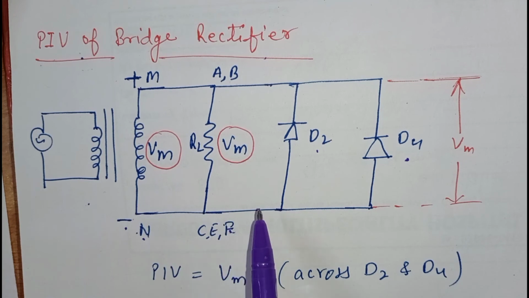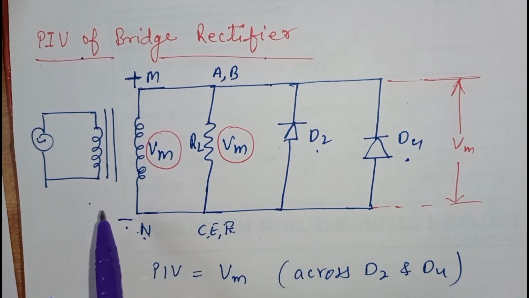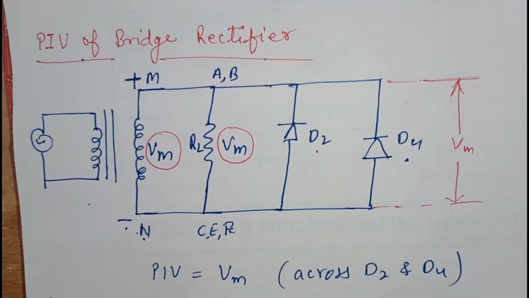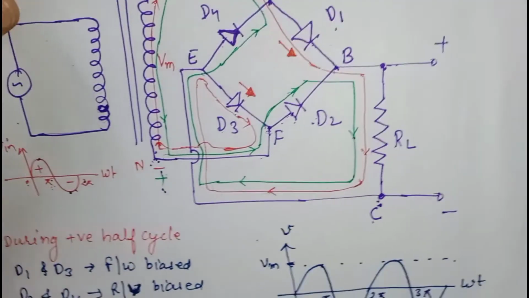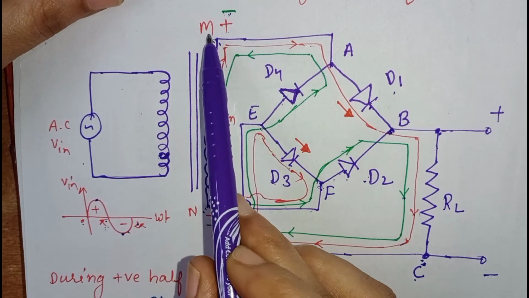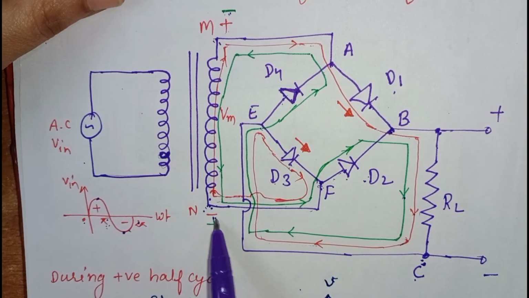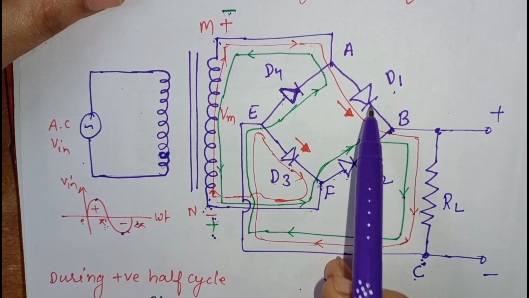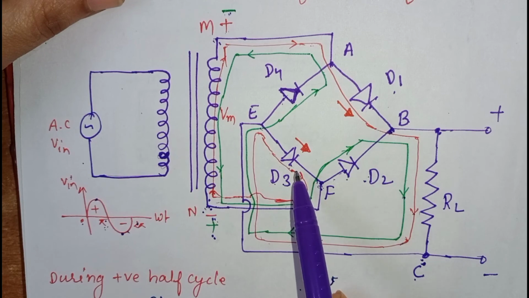This is the equivalent circuit of the rectifier during positive half cycle. Now I will show how I have made it. During positive half cycle, M is positive and N is negative. So D1 and D3 are forward biased, so they will act as short circuit.